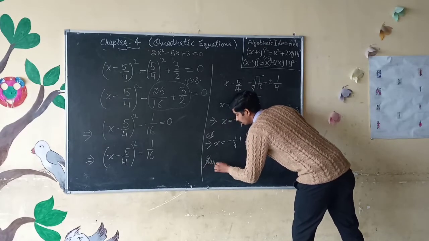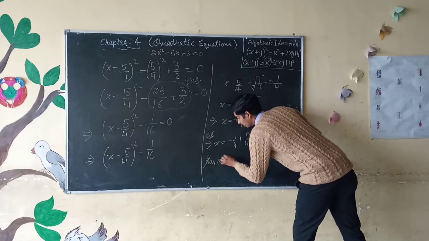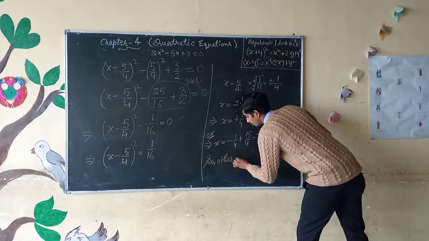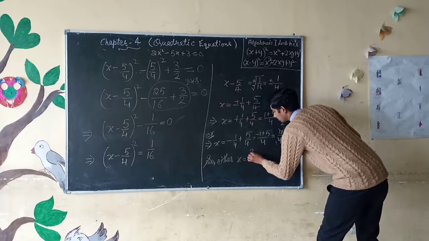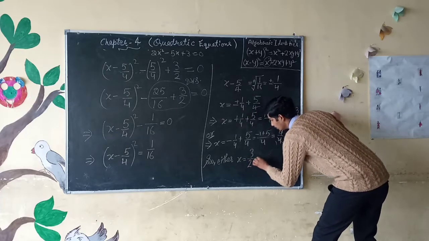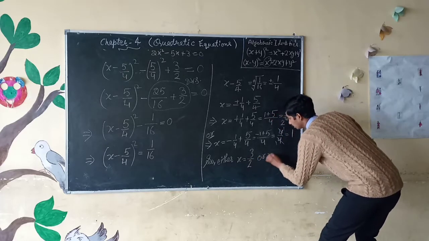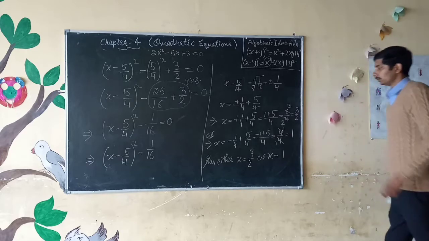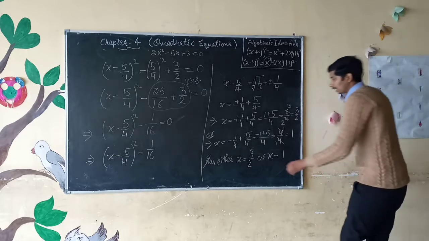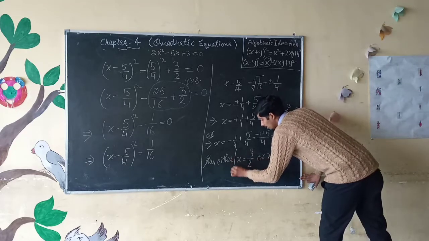So either x equals to 3 upon 2 or x equals to 1. We have found two values of x.